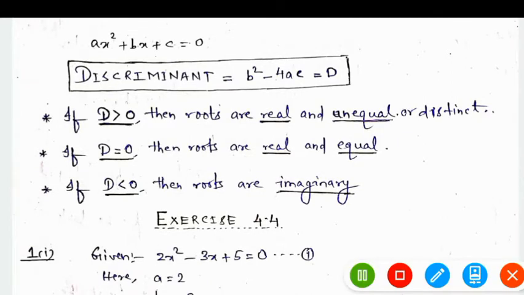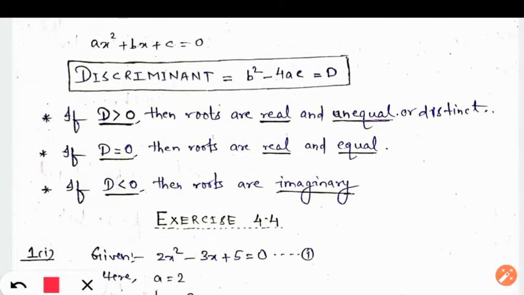In the first point, if D is greater than 0, that is, if the discriminant b square minus 4ac, if you remember the formula of the quadratic equation, which was minus b plus minus root over b square minus 4ac, divided by 2a, you came to know that b square minus 4ac comes within the root, right, in that formula.